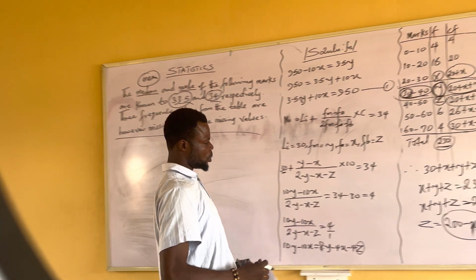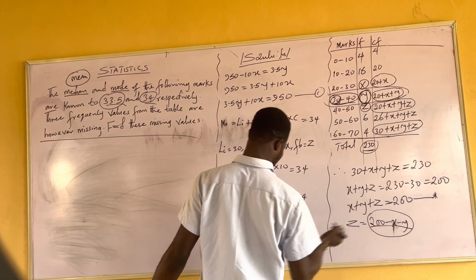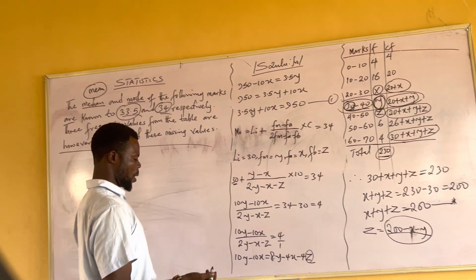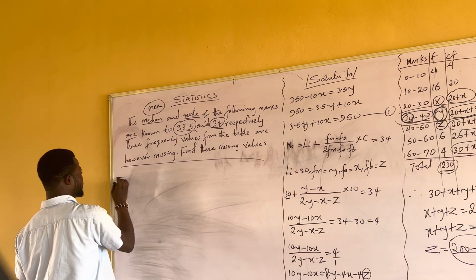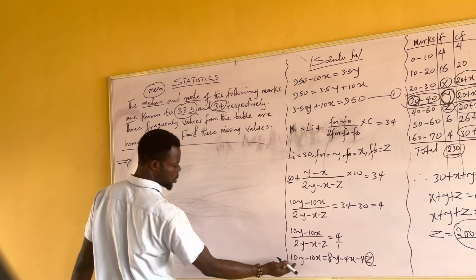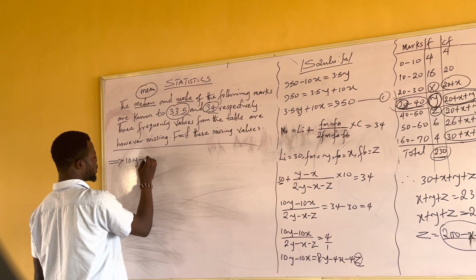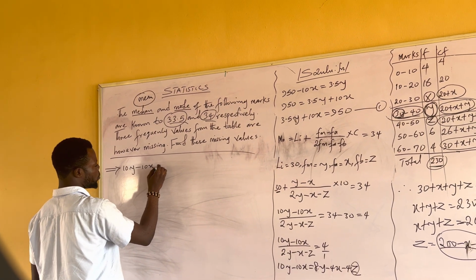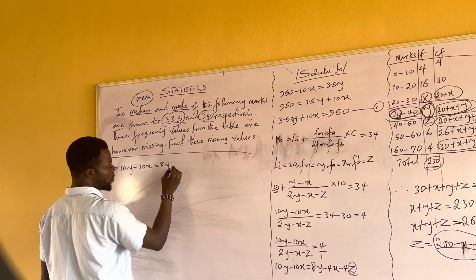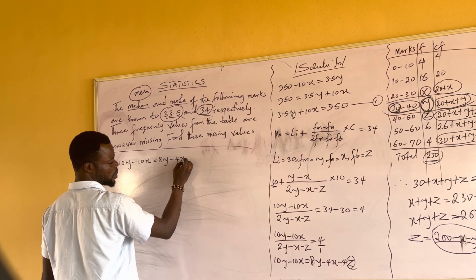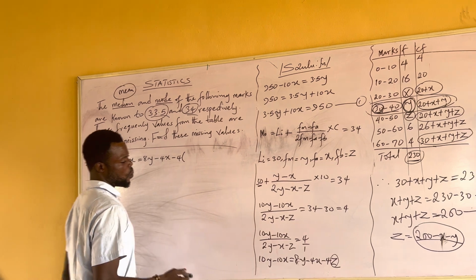So now let me substitute this value for this. So now I will have 10y minus 10x equal to 8y minus 4x minus 4 into y.